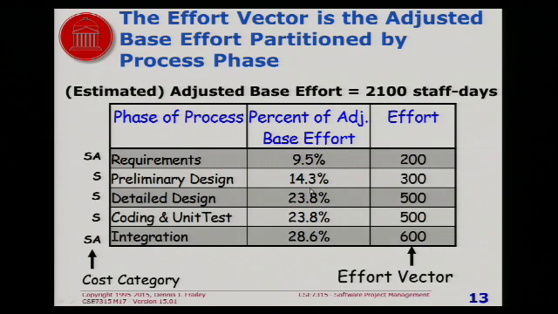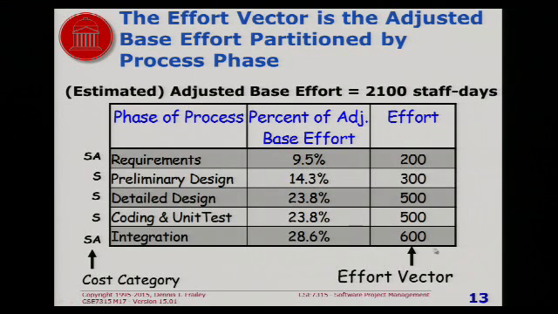So that's how, if you take 2,100 times each of these percentages, you get each of these numbers. This is called the effort vector. And it says, if we have a 2,100 staff day project, then we're going to spend 200 staff days on requirements, 300 on preliminary design, 500 on detailed design, etc., if we have an average project.